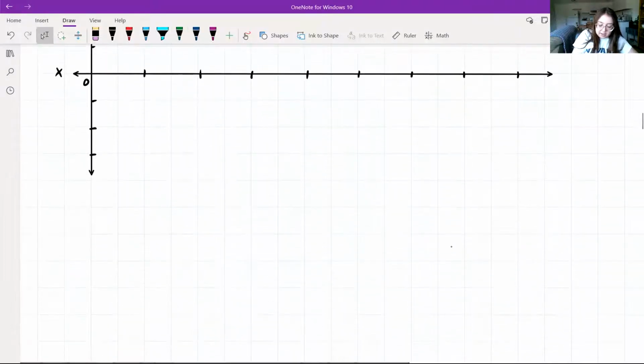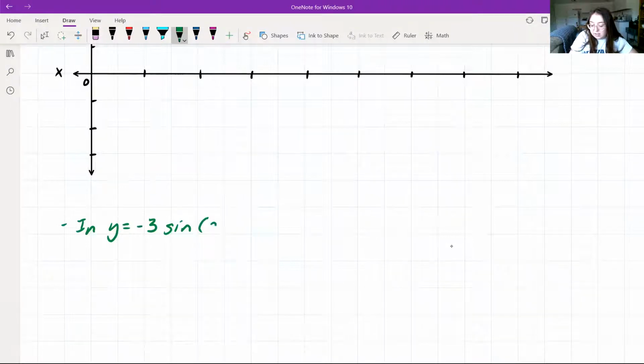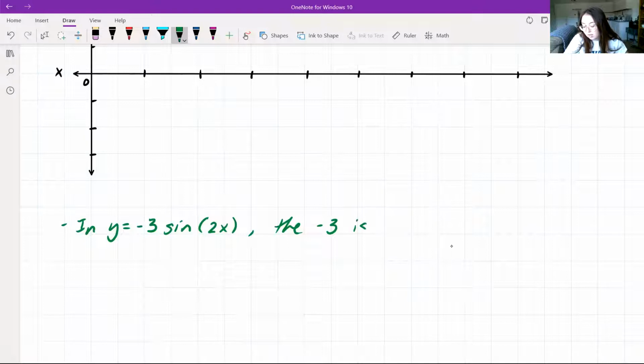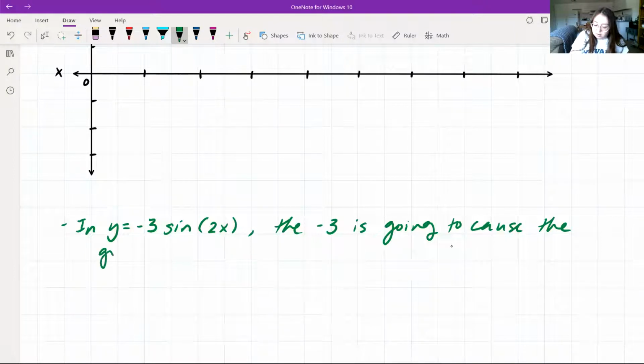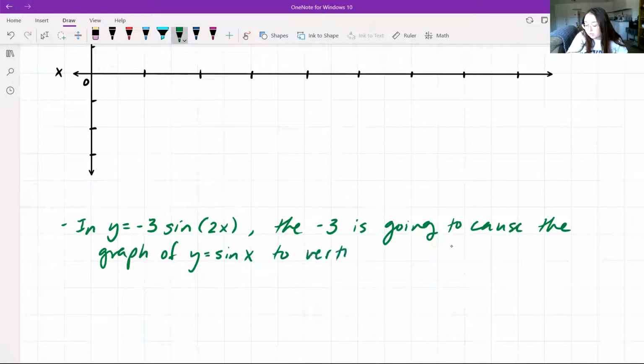And what this means is that in y is equal to -3 sine of 2x, the -3 is going to cause the graph of y is equal to sine of x to vertically stretch.